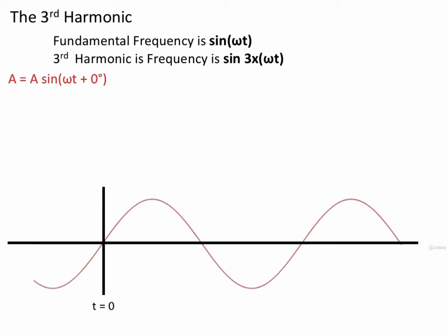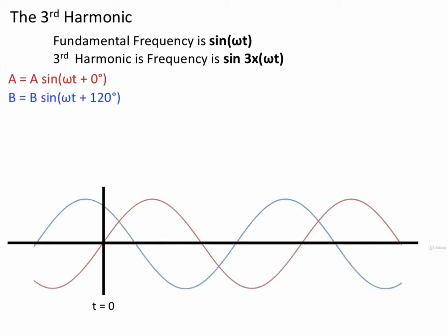The blue phase fundamental frequency is leading the red phase by 120 degrees, so the blue phase sinusoidal wave formula is given by B equals B sine (omega t + 120 degrees).